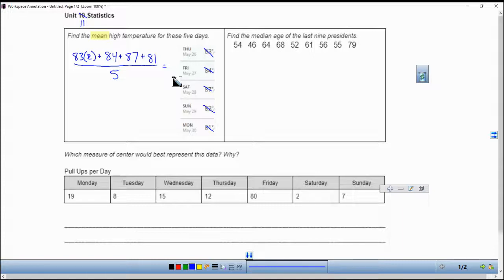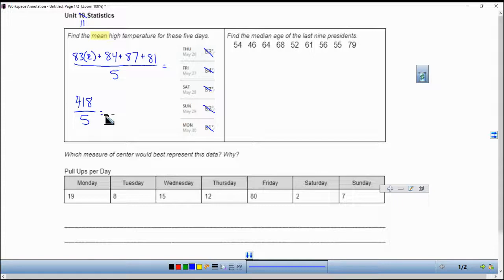When you add up the numbers in the numerator, you get 418 divided by 5. When I divide by 5, I'm going to expect the number to be in the 80s because all these temperatures are in the 80s. If I get a number that's really far above or really far below the 80s, I'd be concerned because the mean is meant to measure the center of the data.